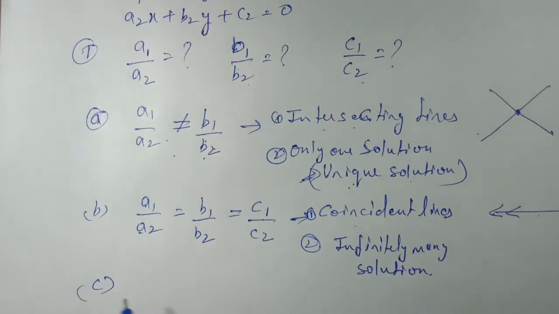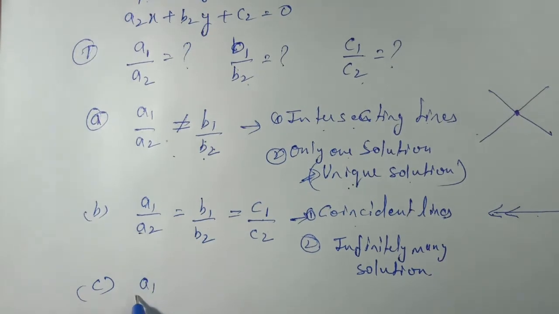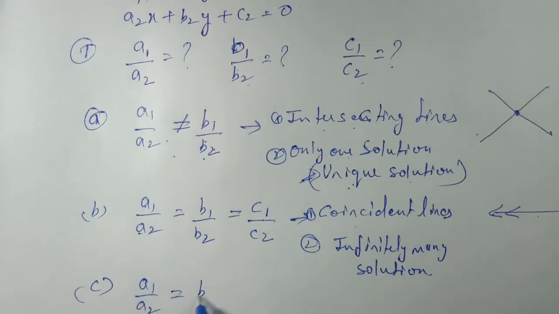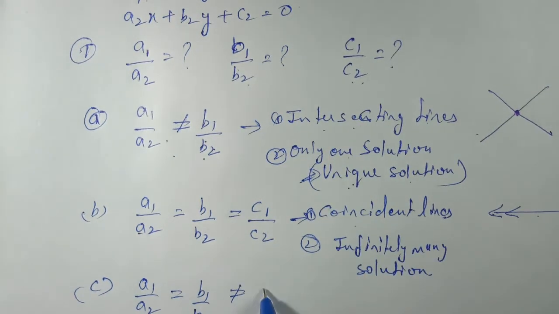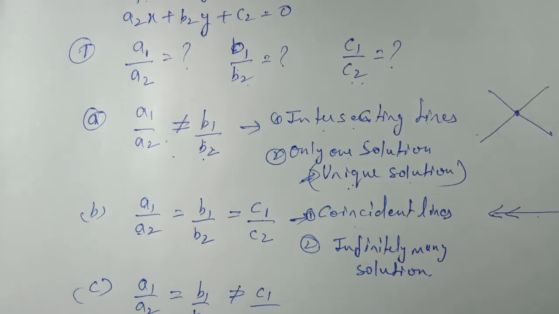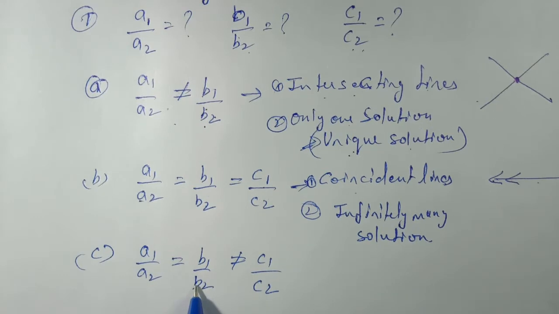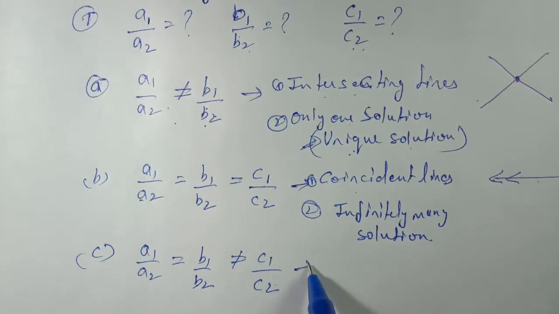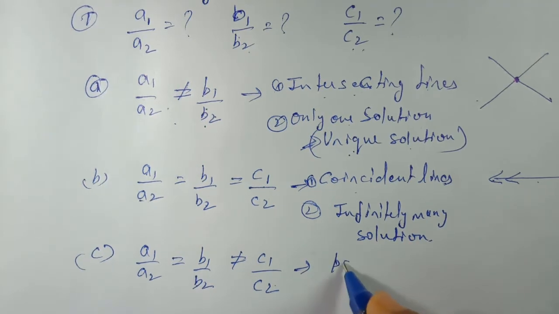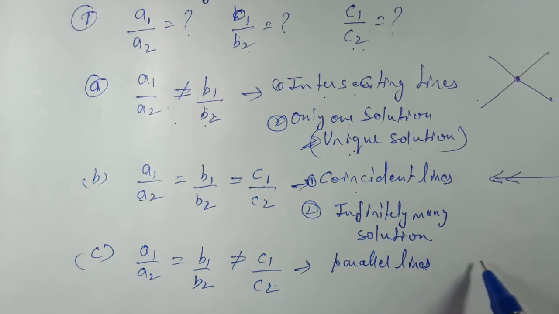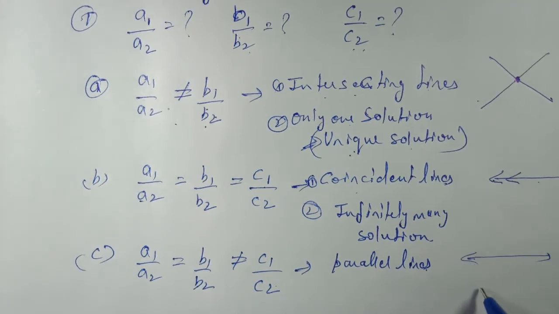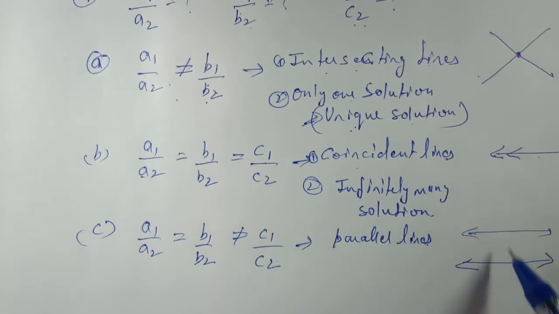Third condition: if the first two ratios are equal but the third ratio is not equal, then the type of line will be parallel lines. It means when we draw the graph, both equations will be parallel lines.